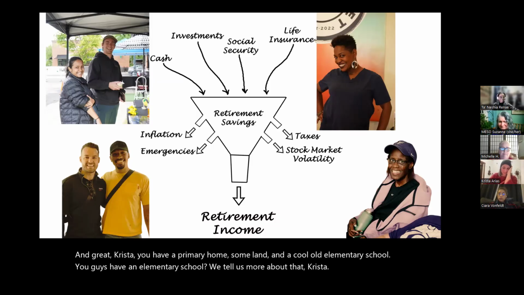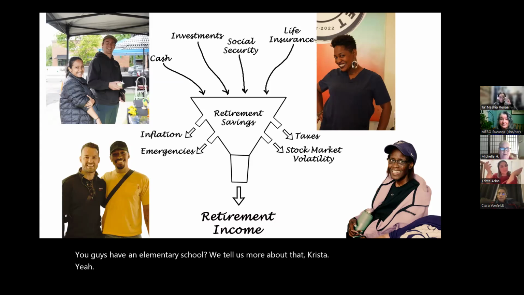It's pretty cool. It's 14,000 square feet, and it's on 2 acres in this middle of nowhere town. We're working on it slowly. We ran a bed and breakfast in Portland for a long time, so the plan was to move there and turn it into a bed and breakfast.